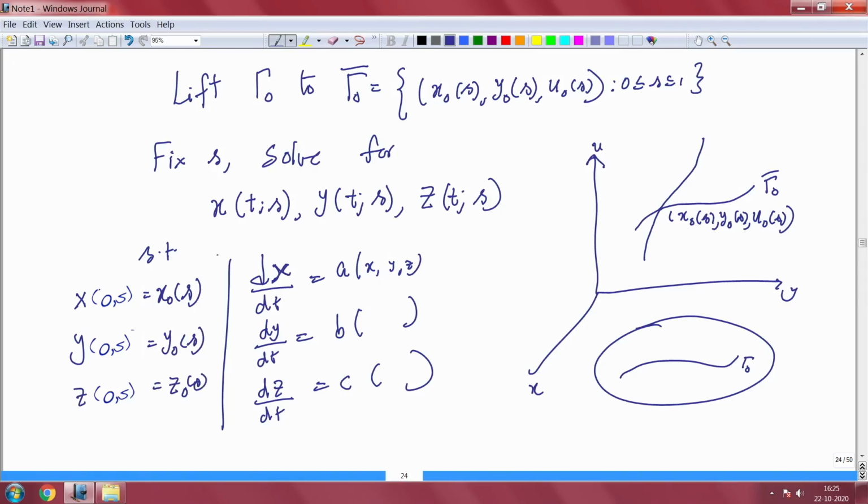You solve this. So you have a system of three unknowns x, y, z with initial condition. When you change s, you have a characteristic.